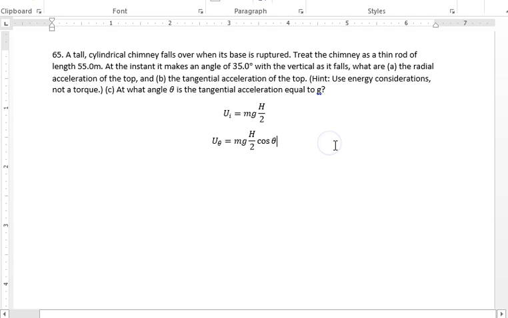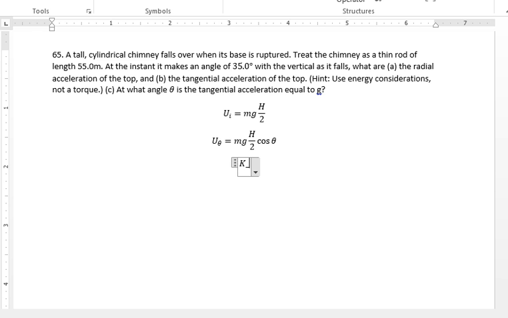Well, potential energy is not the whole story, because as it falls, it gains kinetic energy, and the kinetic energy is 1/2 I omega squared, moment of inertia times omega squared.